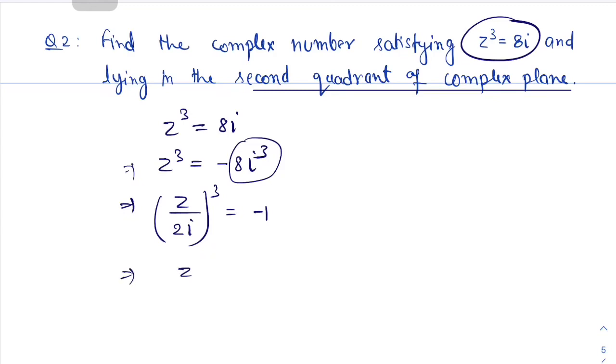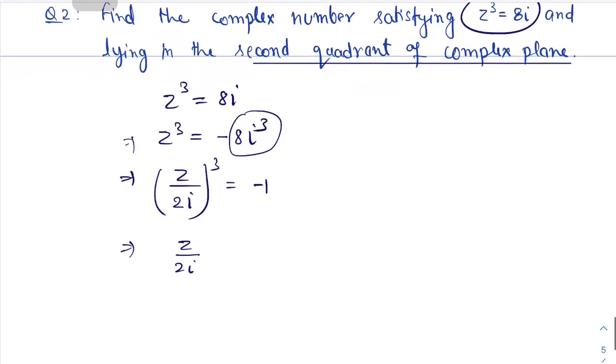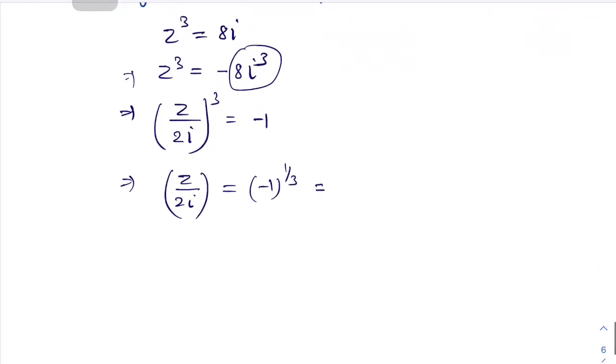It means z upon 2 iota whole cube, and if we take the cube root on both sides, z upon 2 iota is the cube root of minus 1. We already know the cube roots of minus 1: minus 1, minus omega and minus omega square. So these are the values of z upon 2 iota.